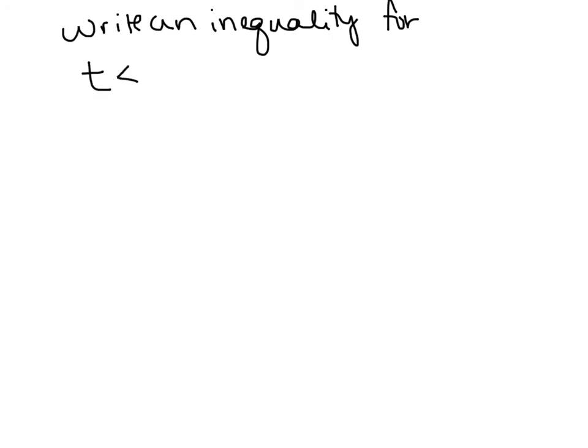T is less than -4. Pause the video, see if you did it right, and then restart the video when you think you have the right answer. Okay, so let's see if you did it right. -4, open circle because it just says less than, it doesn't say less than or equal to, to the left because it says less than. Alright, did you do a good job? If so, call yourself a superstar.